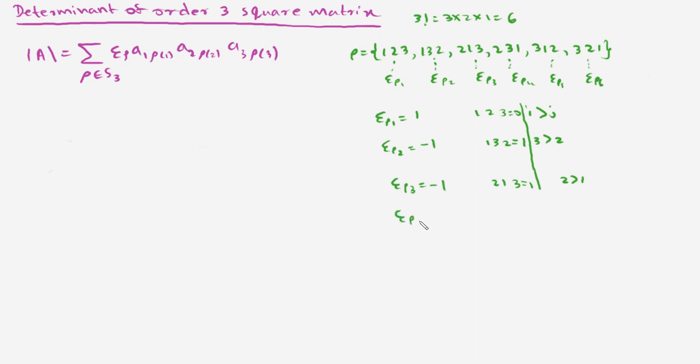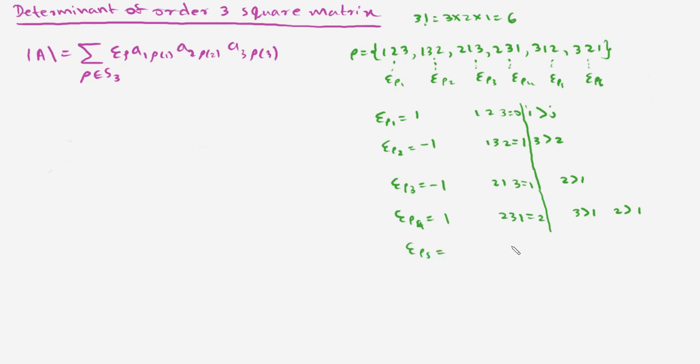And if I consider row 4, so 2 3 1, 3 precedes 1 and 2 precedes 1, so there are a total of 2 preceding counts. So this is an even count, so the sign will be 1.